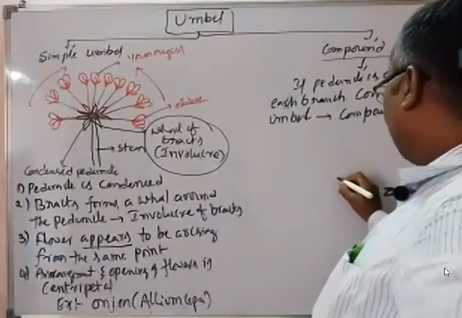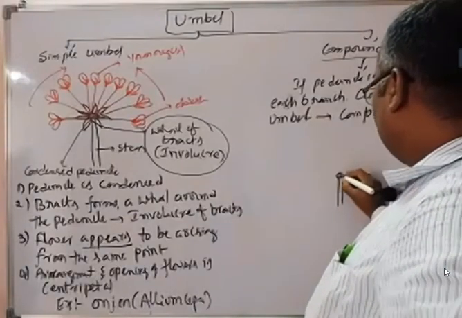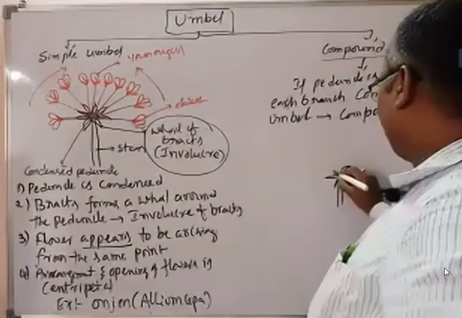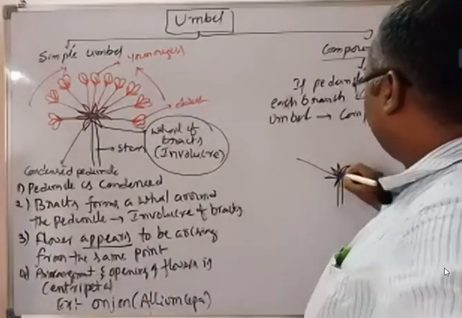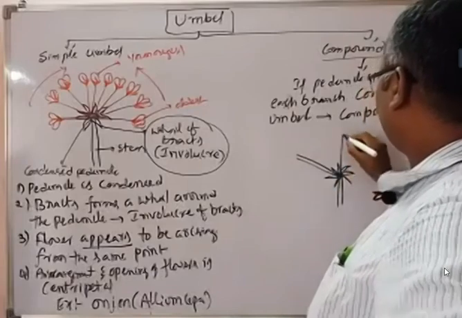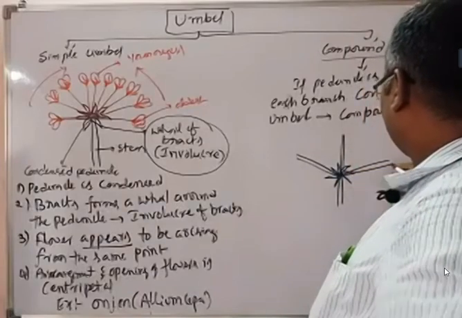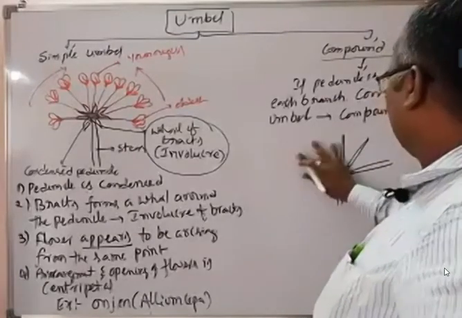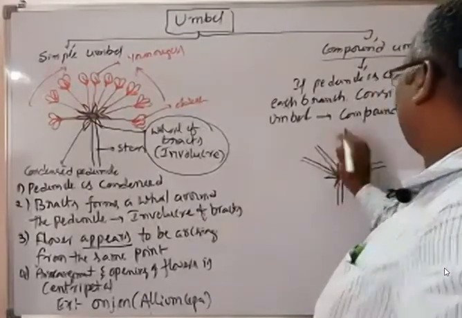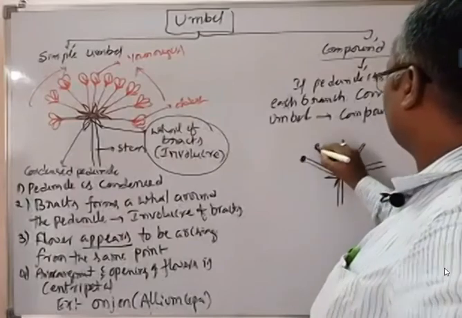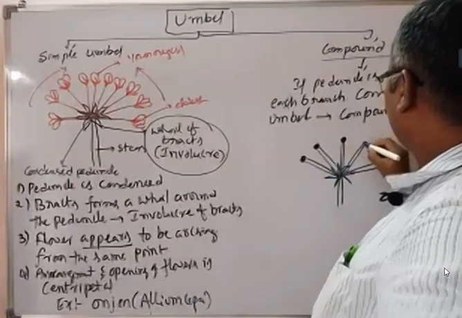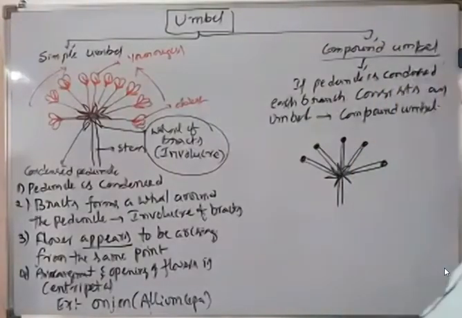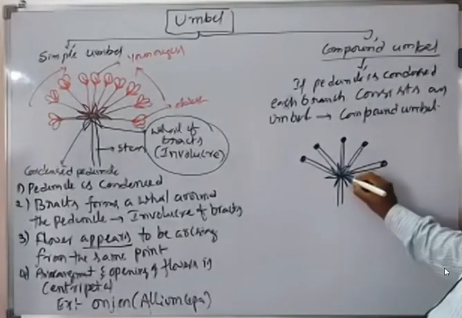So here, now this is the stem, condensed peduncle. Here also you can see the involucre of bracts. Then branches are formed like this. The branch apex is also condensed. These are the involucre of bracts.